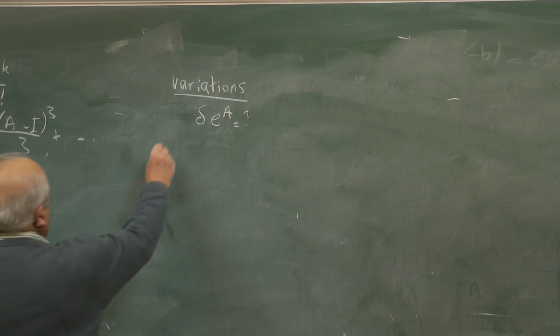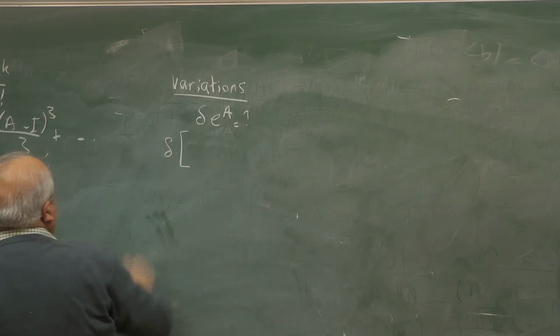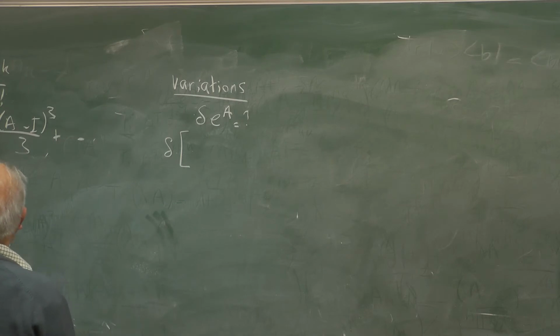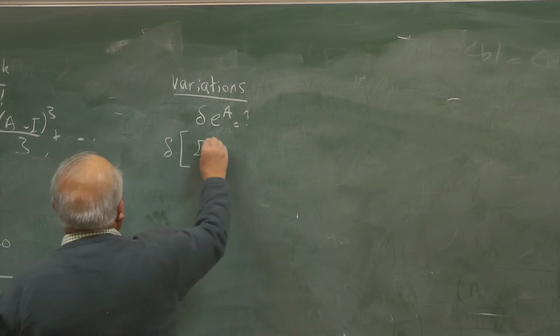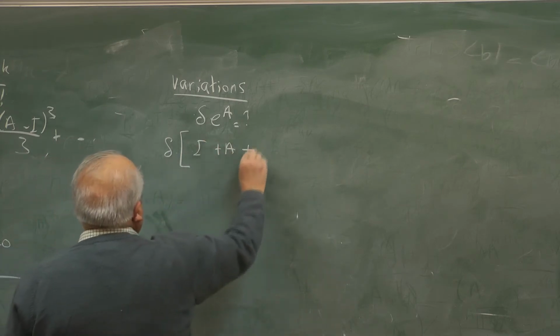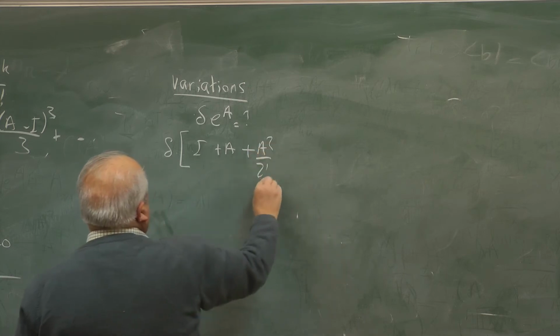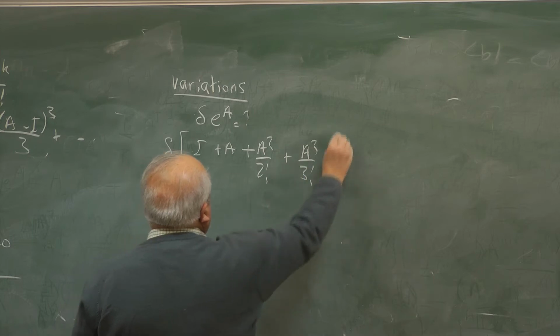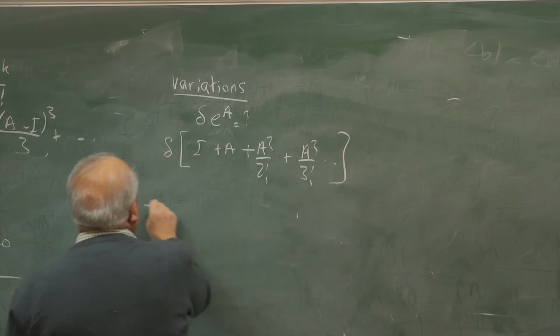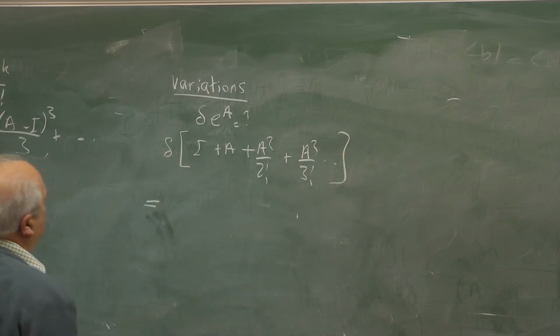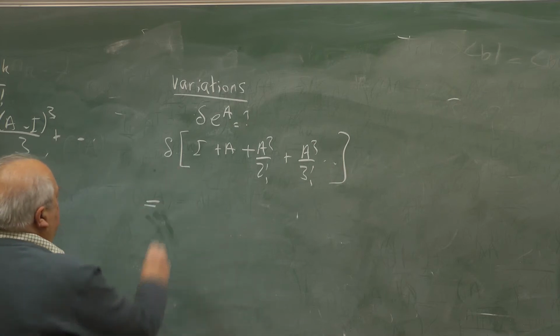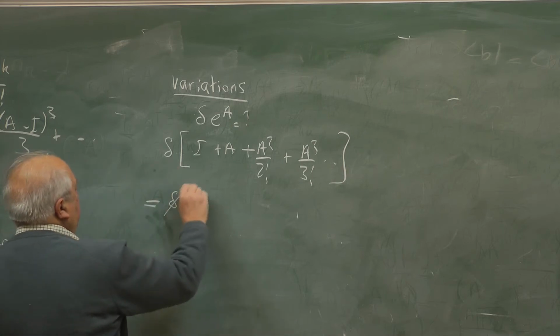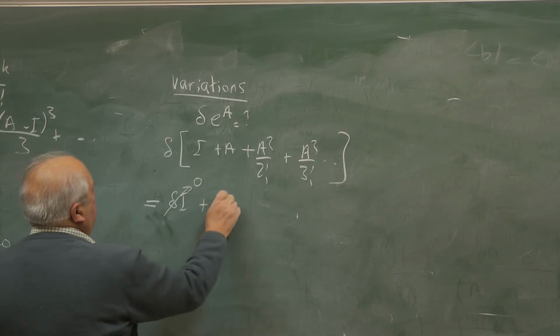Well, delta of I plus A plus A squared over 2 factorial plus A cubed over 3 factorial, etc. equals delta I, which is 0, the delta of the unit matrix, plus delta A.